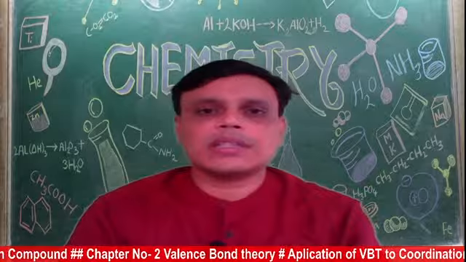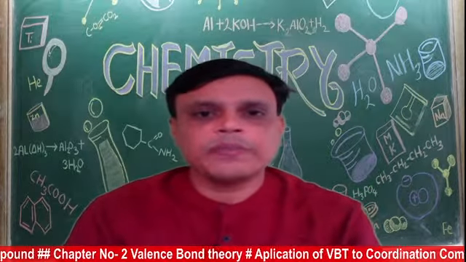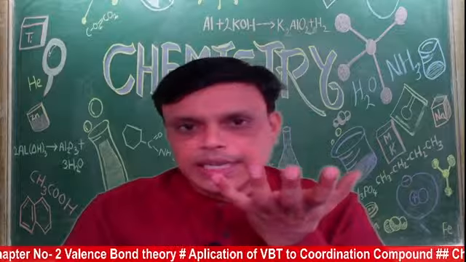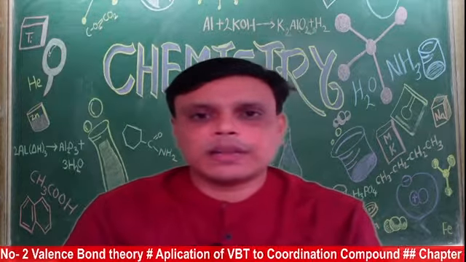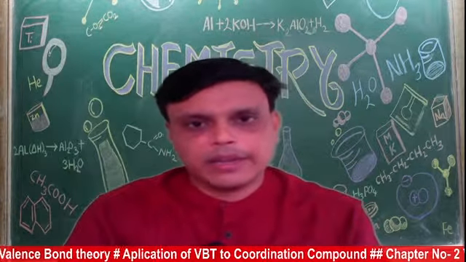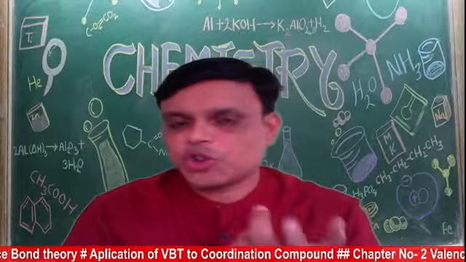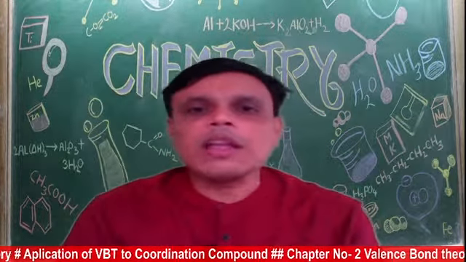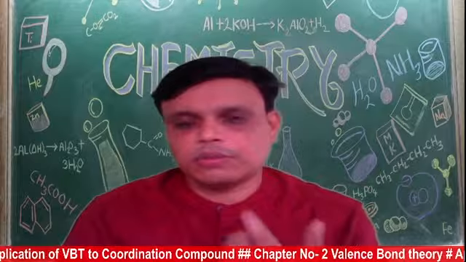Okay? This is the sixth assumption. Then the seventh assumption is that by knowing the number of unpaired electrons present in the orbitals of that metal atom, we can determine the magnetic moment, the geometry of that complex, and the hybridization of that metal.